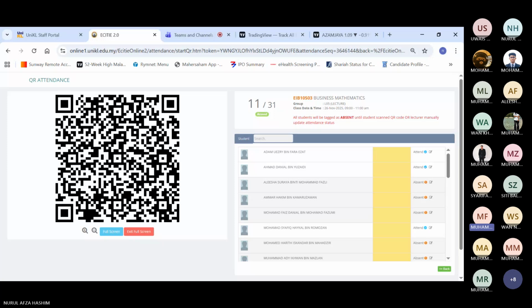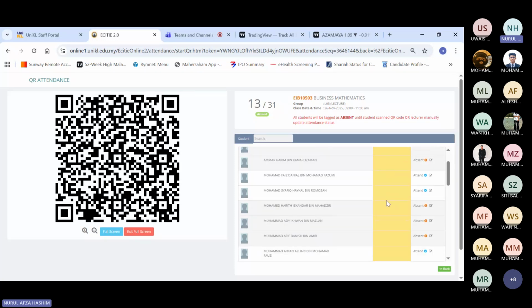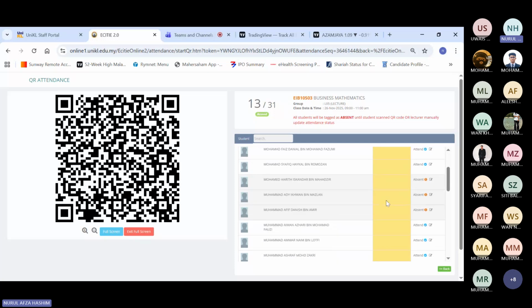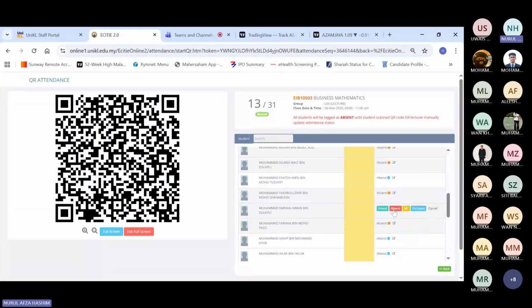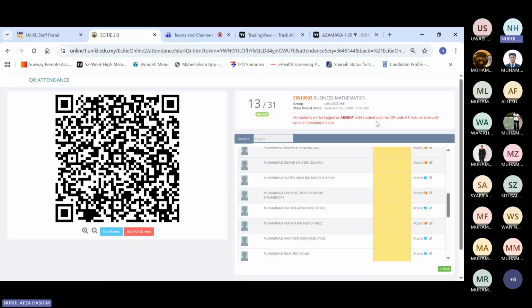Madam, saya tak dapat scan. What's your name? Muhammad Farhan. Muhammad Farhan. Okay. Madam, can you take my name?